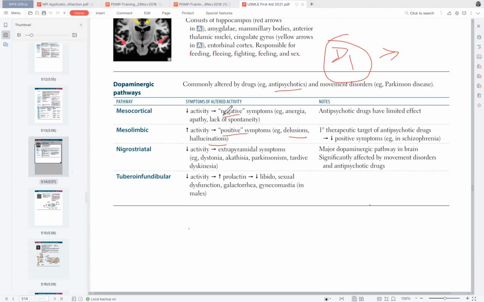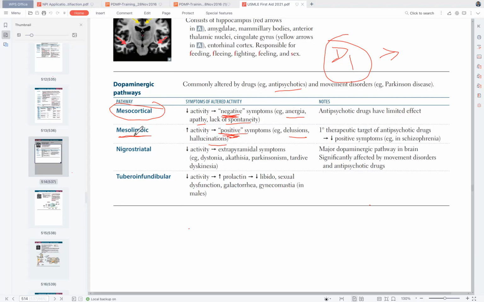And so, what you want to know is that the mesocortical pathway is what is causing the negative symptoms of low energy, apathy, lack of spontaneity, anhedonia, and all that. And the positive symptoms are the mesolimbic.